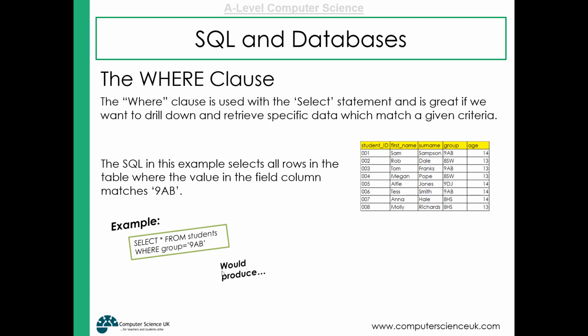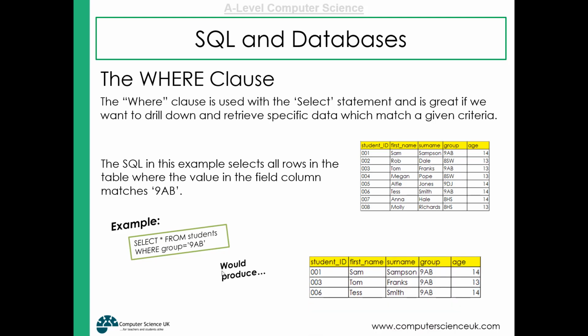If we did the following, SELECT everything FROM students WHERE group equals 9AB, that would highlight the following records. It would get all of the data, but only where group is 9AB. So just those three records would be selected.